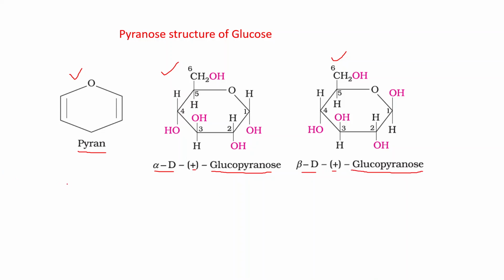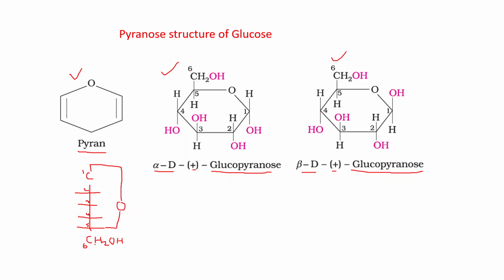Now just try to understand. We can arrange again. These are the 6 carbon atoms. Now we will write the cyclic structure. This is the first carbon atom, then this one is second, this one is third, this one is fourth, this one is fifth, and this one is sixth. Now this first carbon atom and fifth carbon atom link with the oxygen.